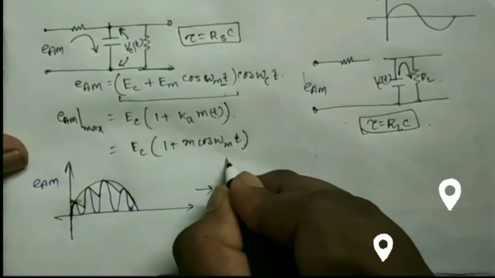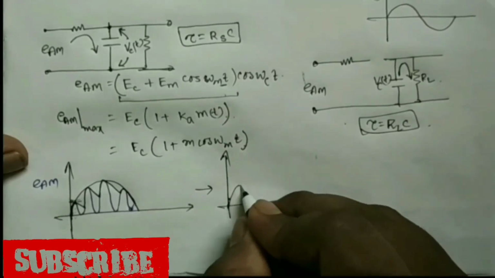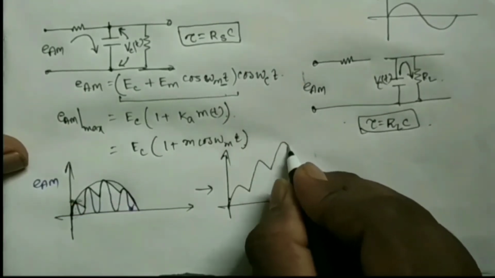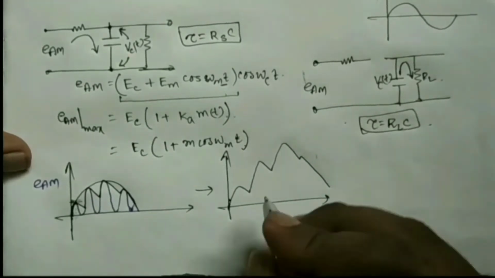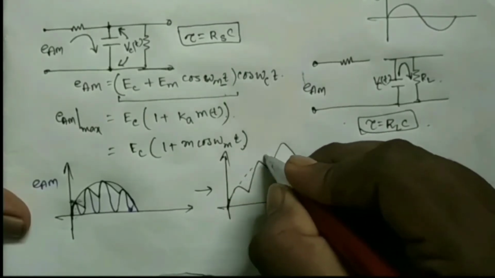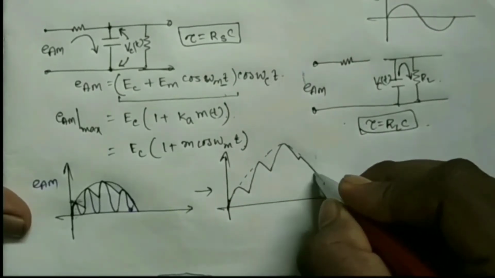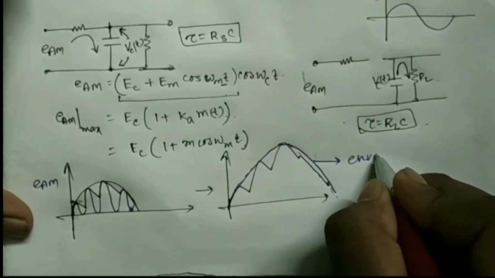So we are getting the signal as this, and if we use a smoothing filter, the output graph will look like this. This in blue color is the envelope of the graph.